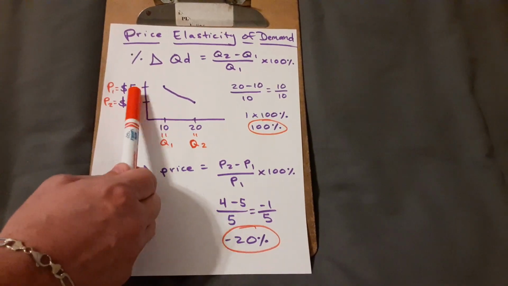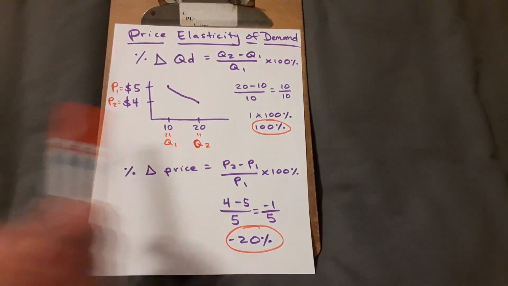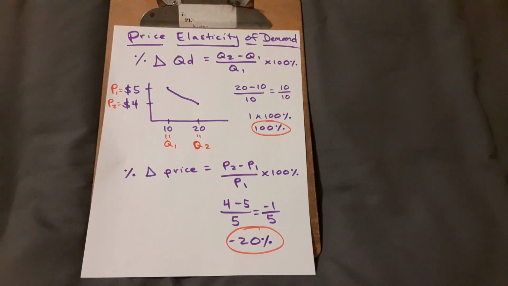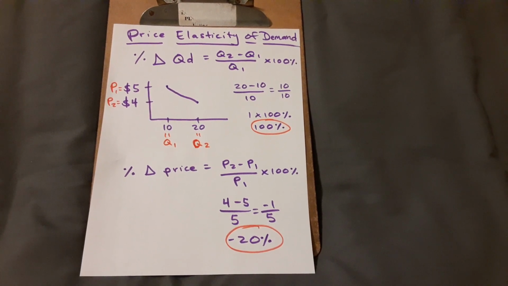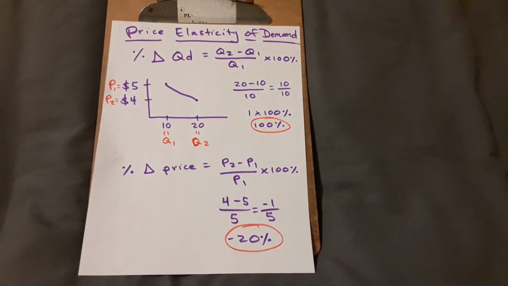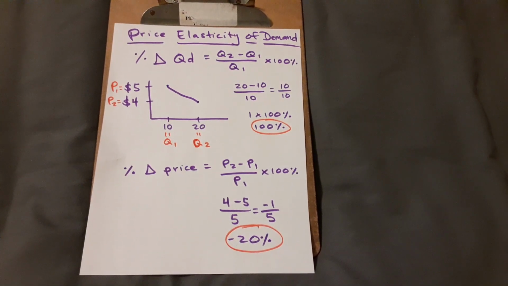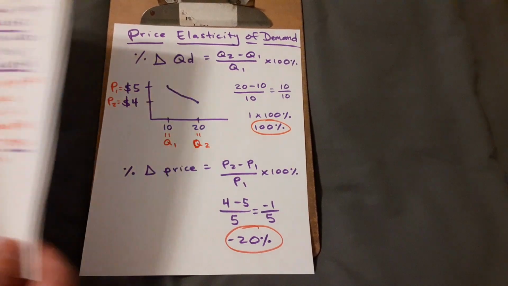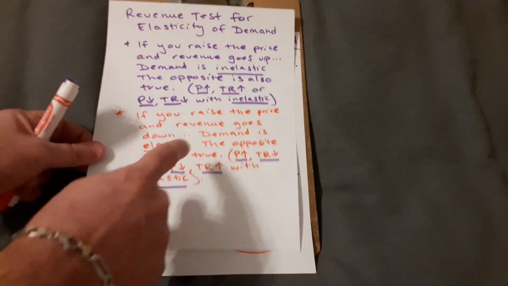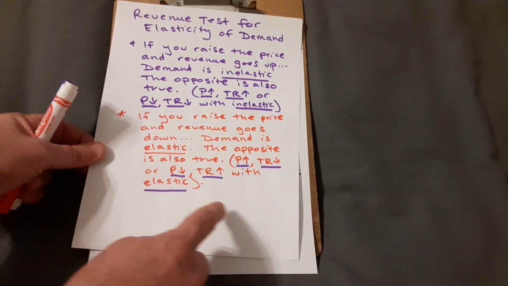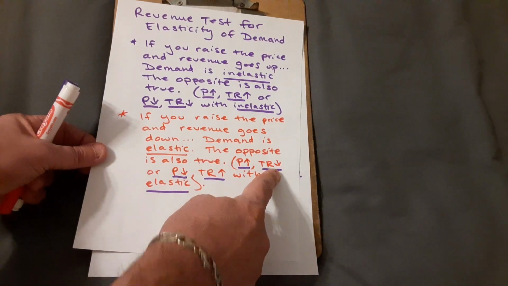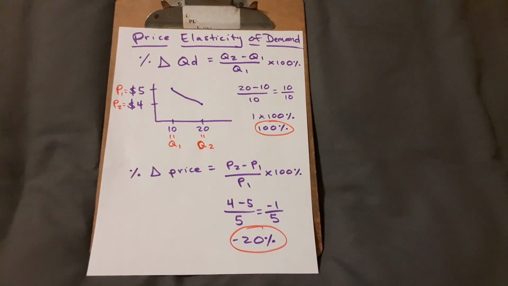If you raise the price to $5, then consumers are buying 10, that would be $50. So here, price went up from $4 to $5, and we went from making $80 to $50. So that would be elastic demand, right? Going back to this, if we raise the price, total revenue would go down. So that means that demand is elastic in that example.